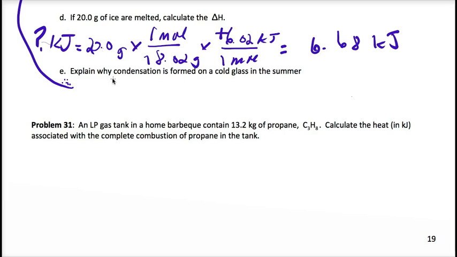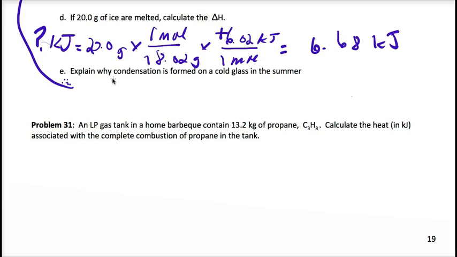So what happens? The air is going to lose energy, because it's going from hot to cold. And if it loses energy, then what happens to the gaseous water that's in the air, the water vapor, on a humid day? It's going to condense on the surface where it's going to give up its energy. So condensation is formed on a cold glass in summer because the gaseous water vapor loses energy and is placed on the water or on the glass.